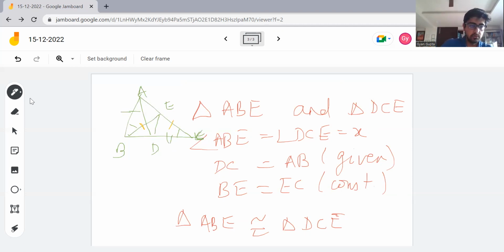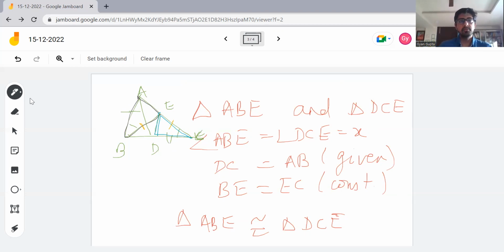We are working with this triangle, and we are working with this, right? So this is what we get so far.